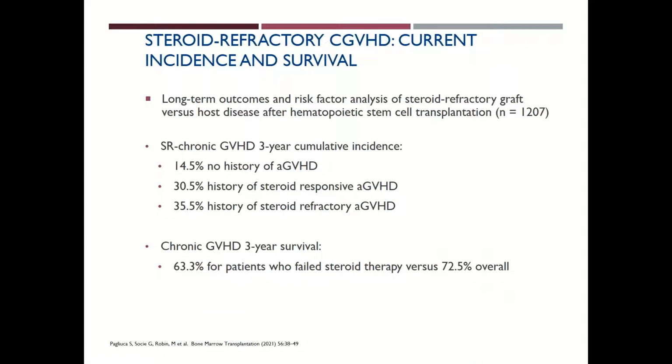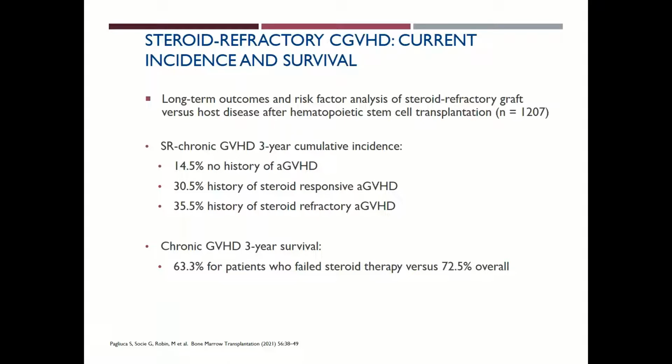Fortunately, we have some more contemporary data from this large study by Socié and colleagues looking at over 1,200 transplanted patients that suggests that the incidence of steroid refractory graft-versus-host disease can be low in some patients, and that the 3-year overall survival for steroid refractory patients is better than what we determined it to be 2 decades ago. The authors determined that the 3-year cumulative incidence of steroid refractory chronic GvHD ranged from 14.5% to 35%.